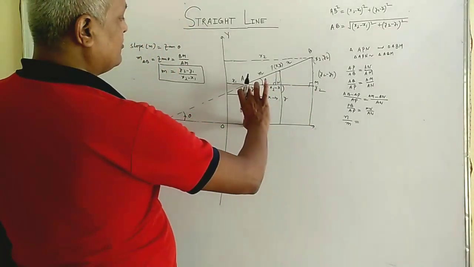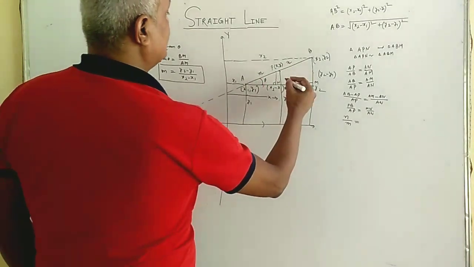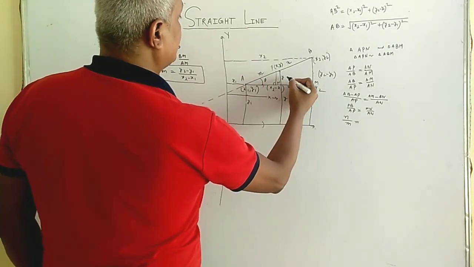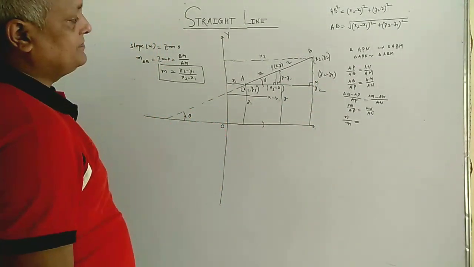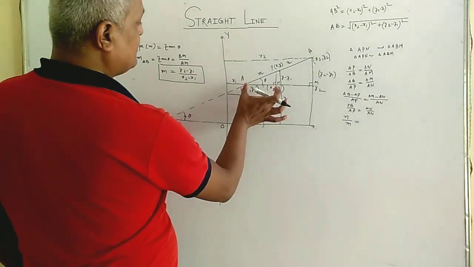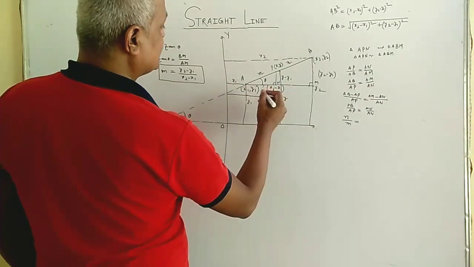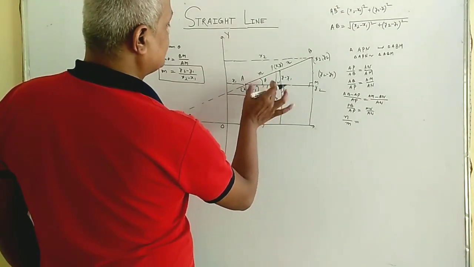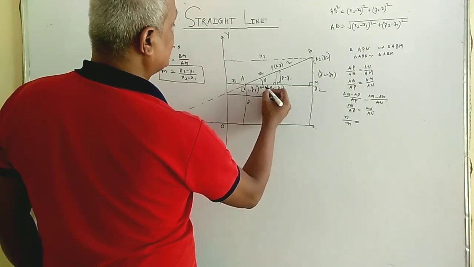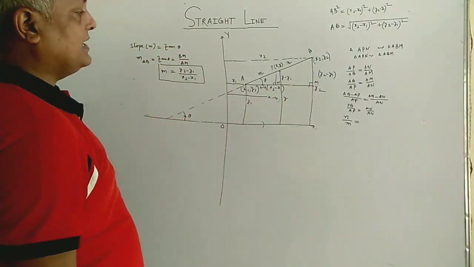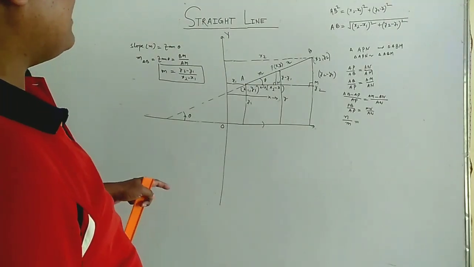Now see, this is y1 and this is y, so this part is y minus y1. And this is x1 and the whole is x, so this part AN will be x minus x1. So now we got MN.